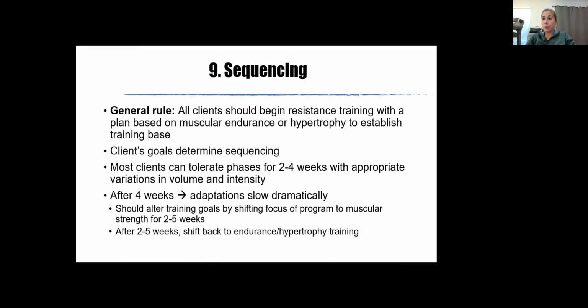So let's say you did a 2 to 4 week block of hypertrophy with an intermediate client. We can now do a 2 to 5 week block of strength, and then a 2 to 5 week block back to hypertrophy. And we can keep alternating, okay?